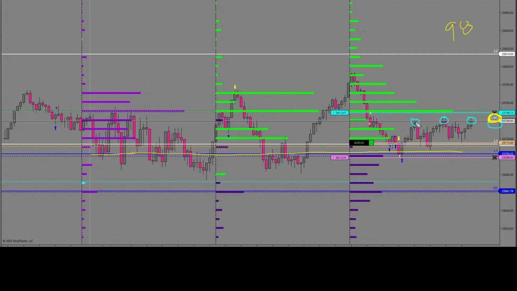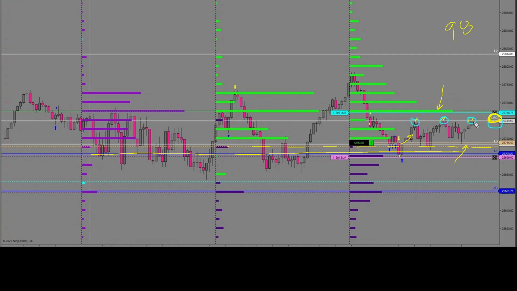The price touched 1, 2, 3 times, and I took a long position here because we are over the 0 gamma. This is the 0 gamma, the orange line. I took the position, but I saw that the price touched the last closing 1, 2, 3 times and price did not rise here.